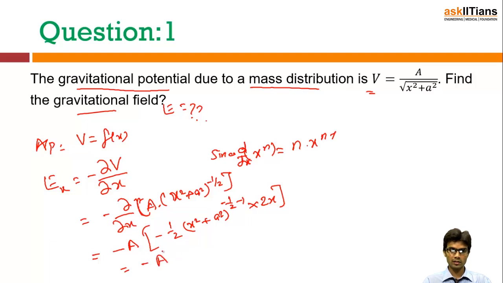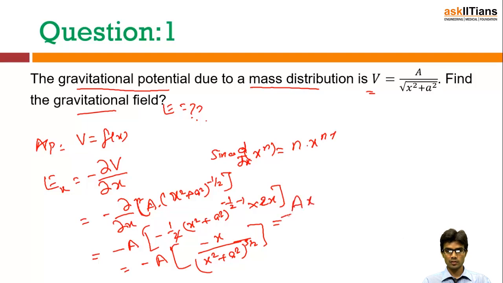So minus a, and the 2 cancels, so minus x by x square plus a square to the power 3 by 2. The final value is ax by x square plus a square to the power 3 by 2.